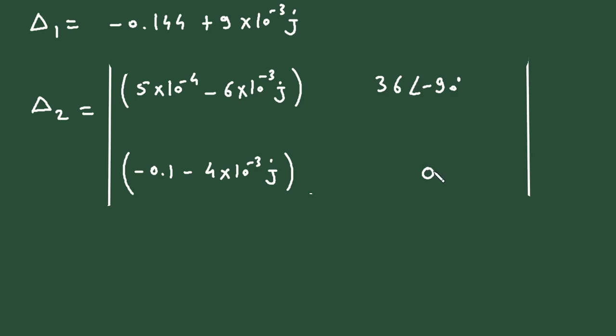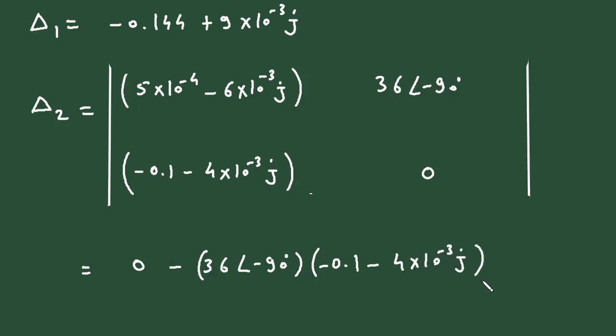So this into this will be 0, then minus this into this. So 36 at an angle minus 90 degree multiplied with minus 0.1 minus 4 into 10 to the power minus 3 j.